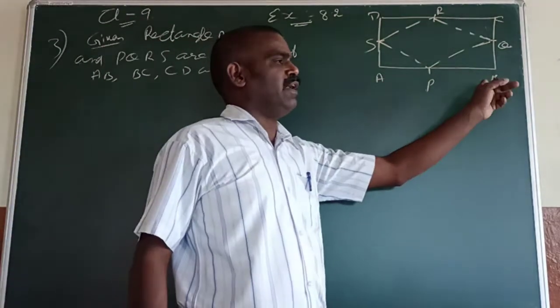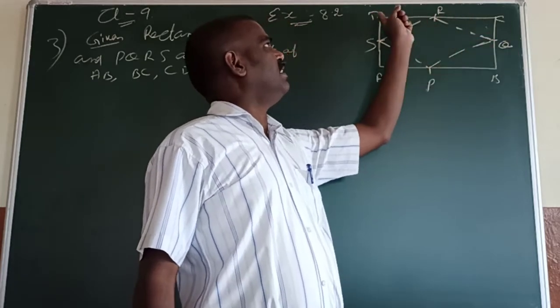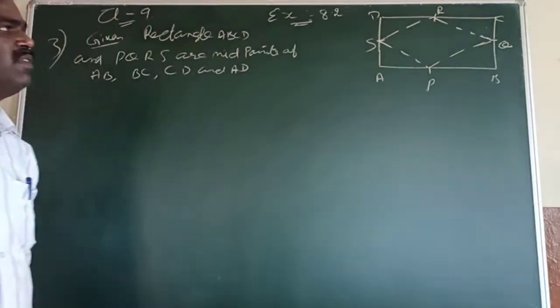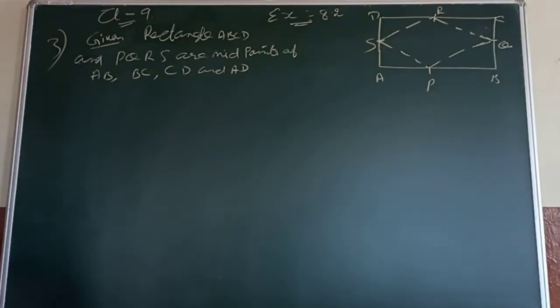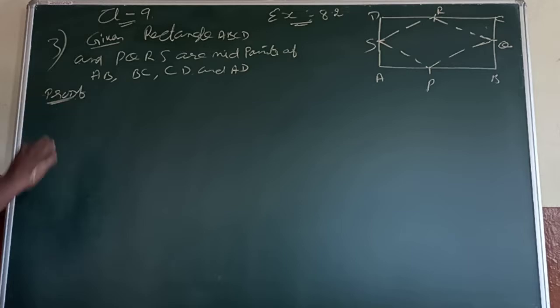P is a midpoint of AB, Q is a midpoint of BC, R is a midpoint of CD, and S is a midpoint of AD. Proof.